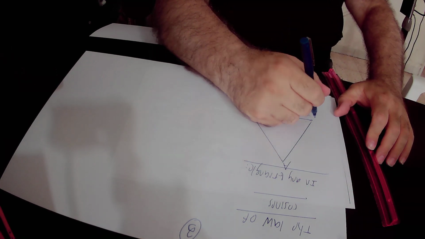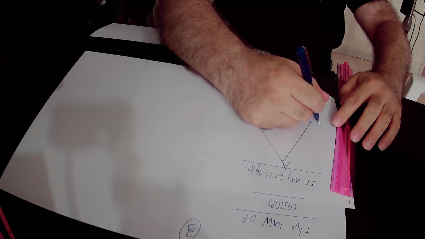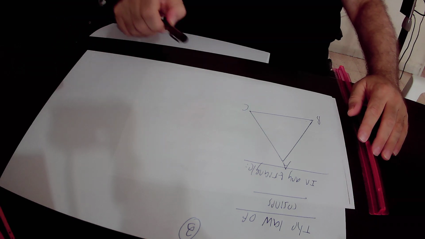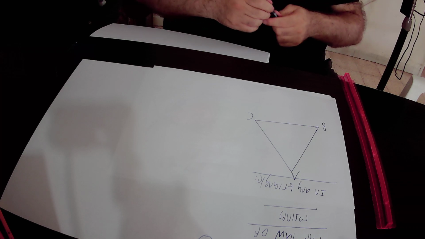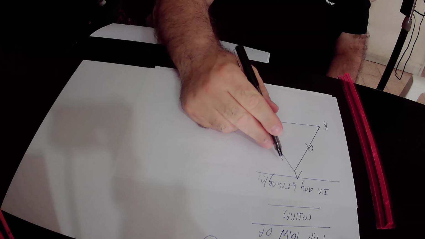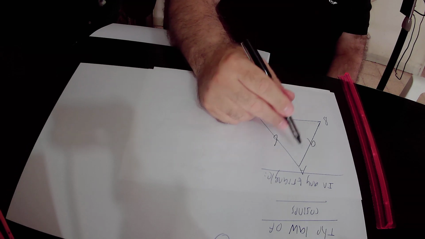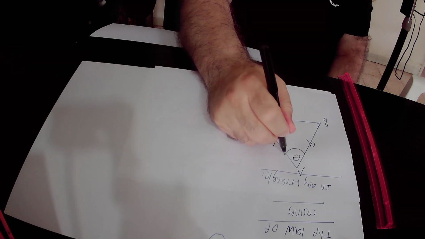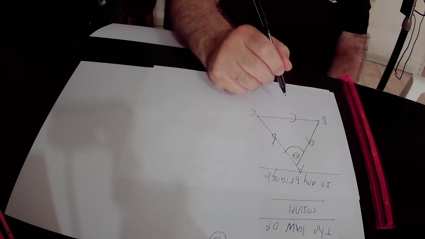Side AB equals A units in length, side AC equals B units, the angle between side AB and side AC is theta, and side BC equals C units.